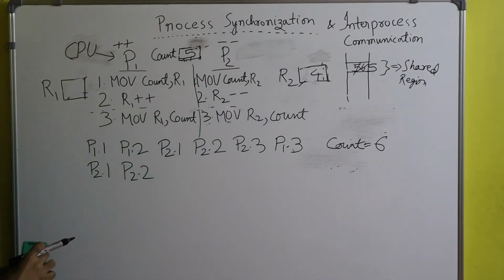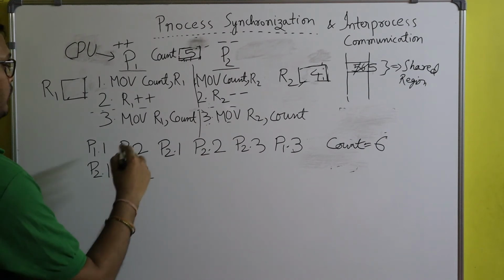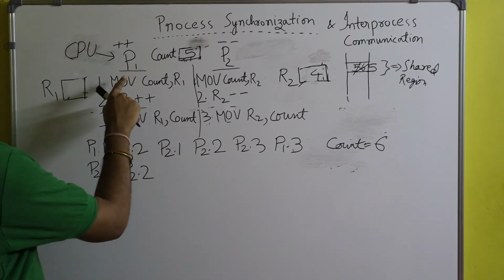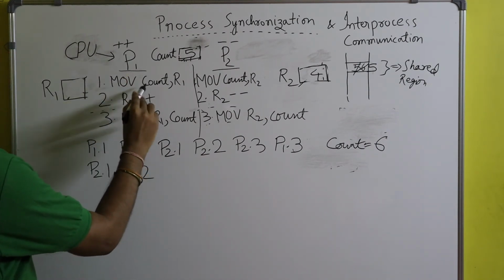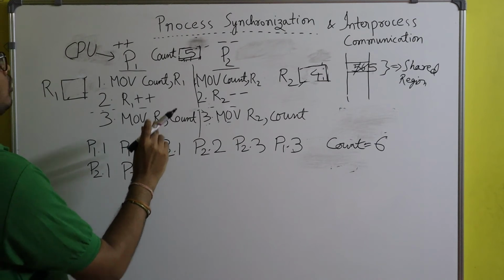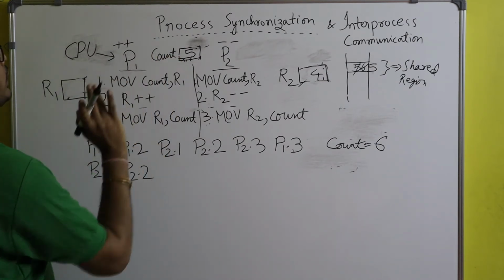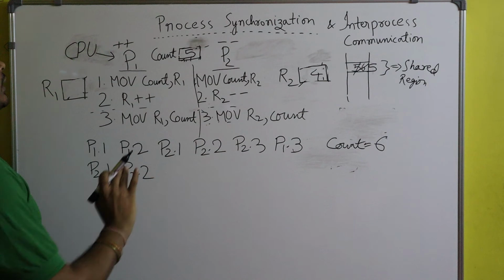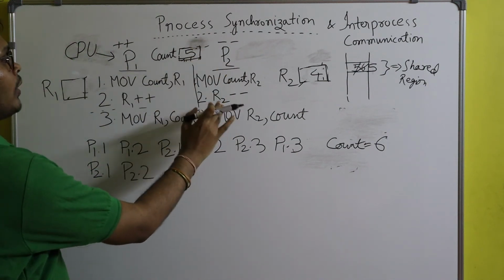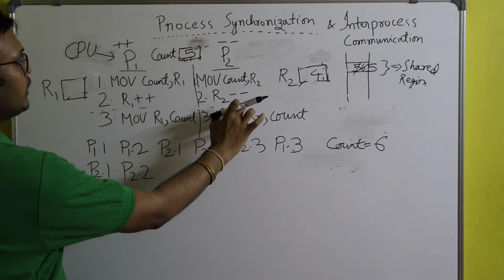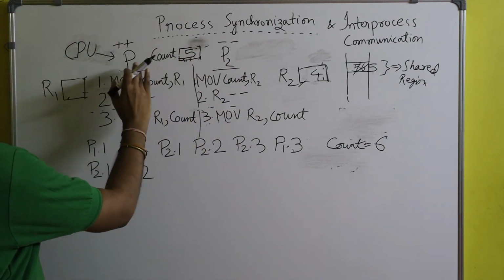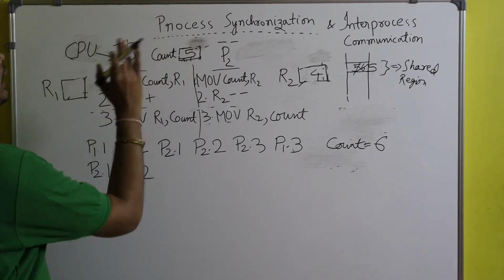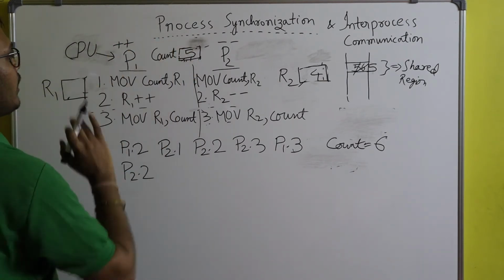So P1 will first read the value of count. What's the value of count? 5. As the value of count was not updated by P2 due to this interleaving, P1 will read it as 5.